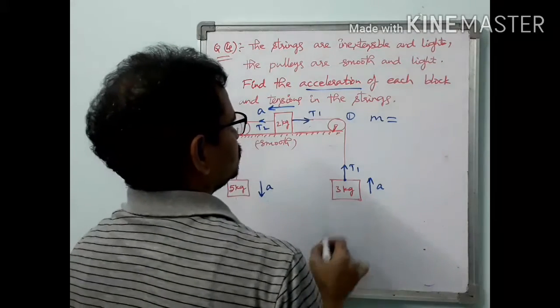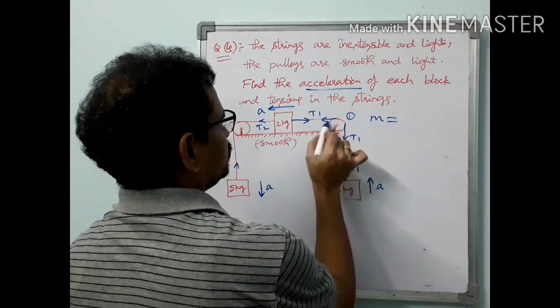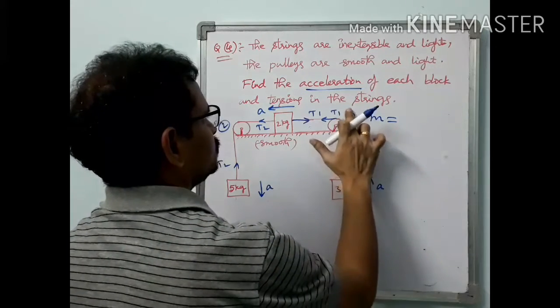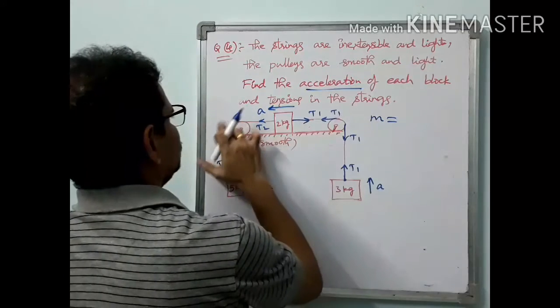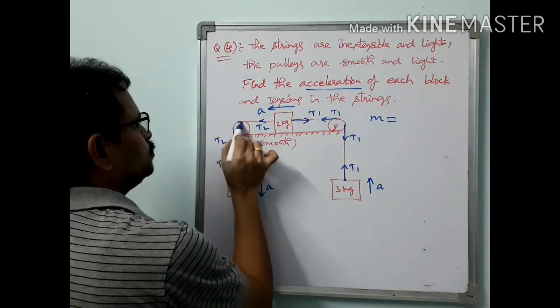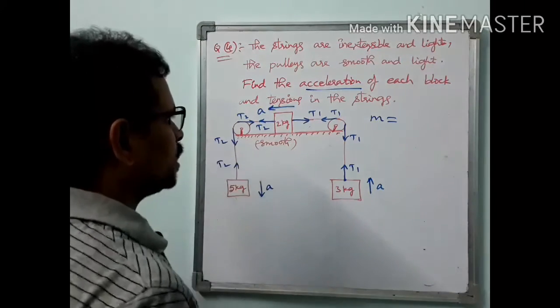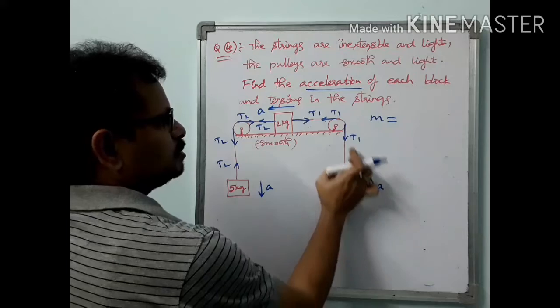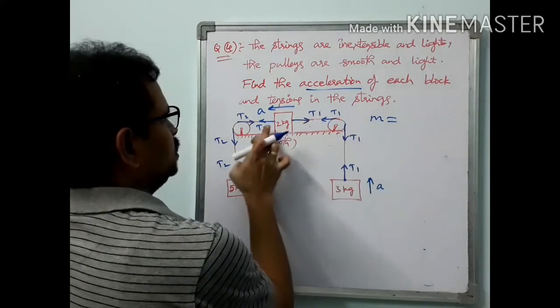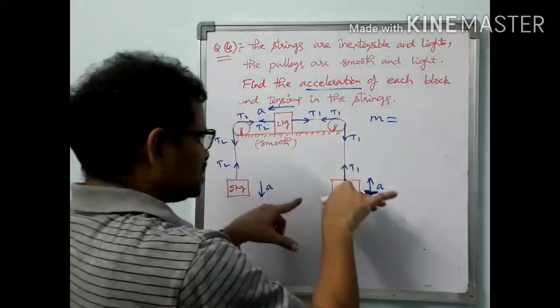Got it? On this pulley T1, here T1. On this pulley T2, here T2. So the tension force on this block is T1, on this pulley T1, T1, T1, T2, T2, T2, T2. Got it now?